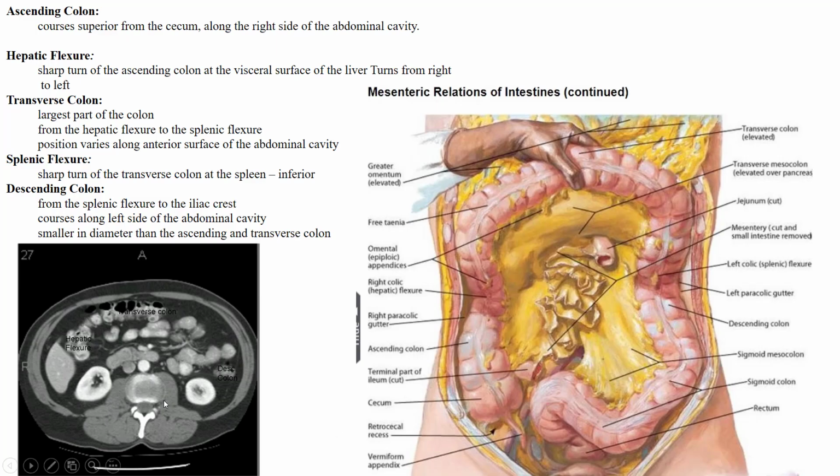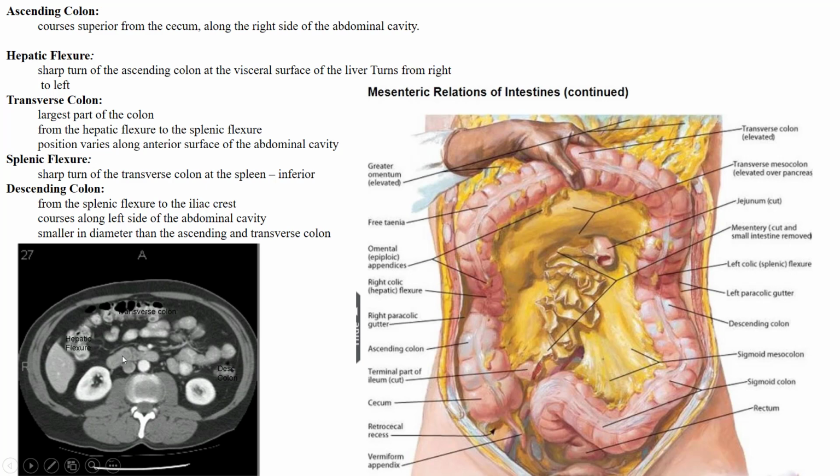In the CT image here on your left, you have the spine in the posterior portion of the body. This is the right side, and this is a little bit of the liver. We're down pretty far inferior in the abdominal cavity now, so we're almost out of the liver, and this is the left side of the patient. You've got the vertebral body here, the aorta just anterior to that, the IVC to the right of the aorta, and this here is just the third portion of the duodenum as it goes horizontally.